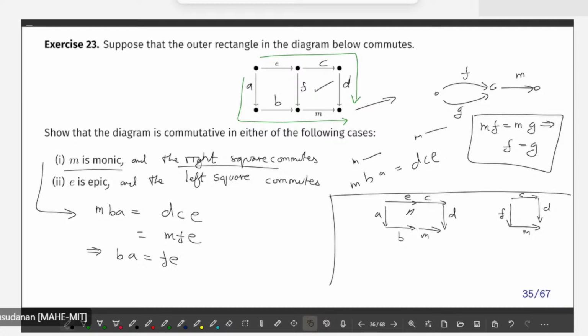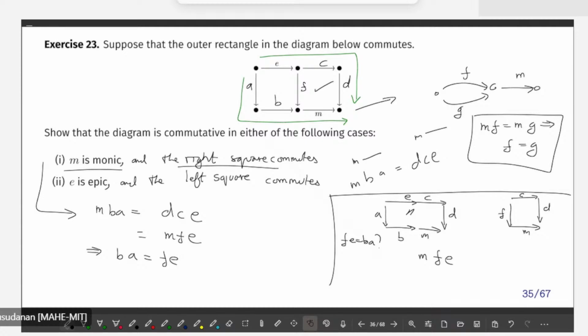So the question is FE is equal to BA. Start with MFE. Why? Because I have to somewhere use the fact that M is monic. The only way I can use M is monic is to cancel it on the left. So I have to start with something where M is on the left. That's a good way to start.